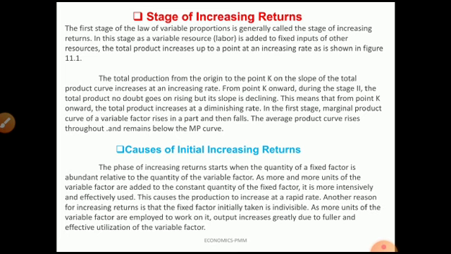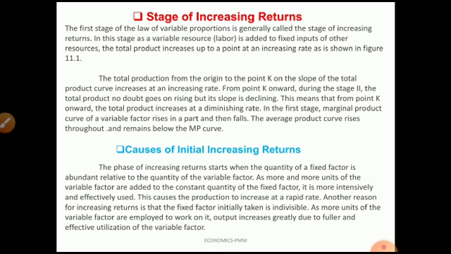So, what are the causes of these increasing returns? The phase of increasing returns starts when the quantity of fixed factor is abundant. Point to be noted here. Initially, the fixed factor is abundant relative to the quantity of variable factor. As more and more units of variable factor are added to the constant quantity of fixed factor, it is more intensively and effectively used.